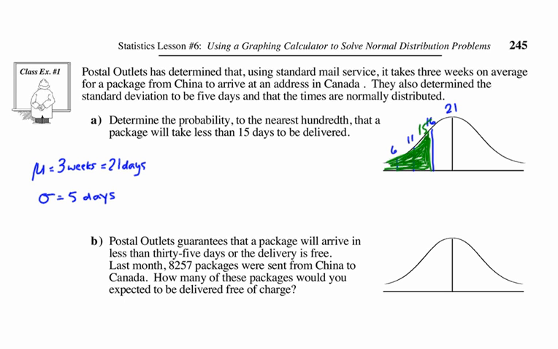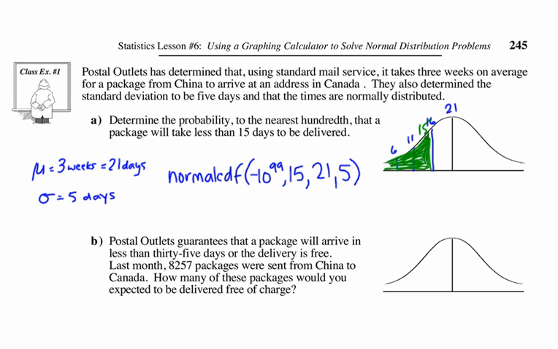So using our calculator, instead of having to convert it to a z-score, I could type in normal CDF. So what is it between? It's between negative infinity and 15. So negative 10 to the 99, comma, 15, comma, what's my mean? My mean is 21, comma, my standard deviation of 5.